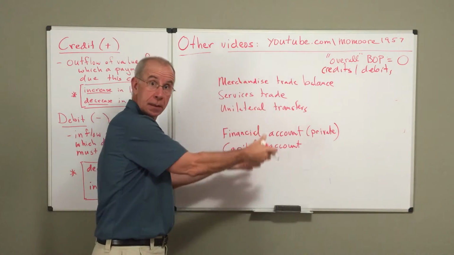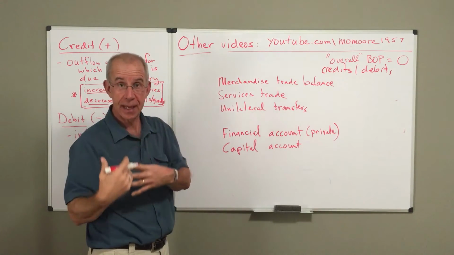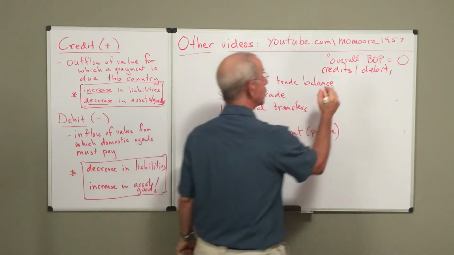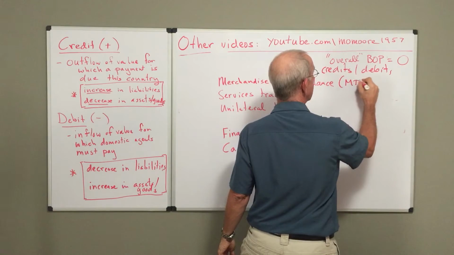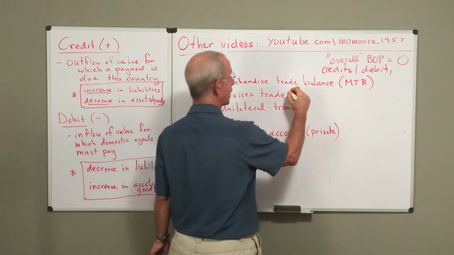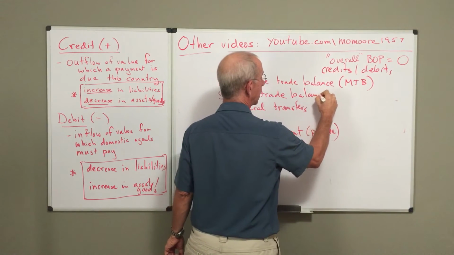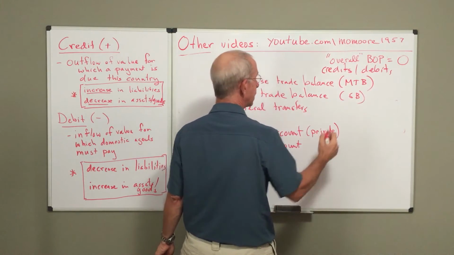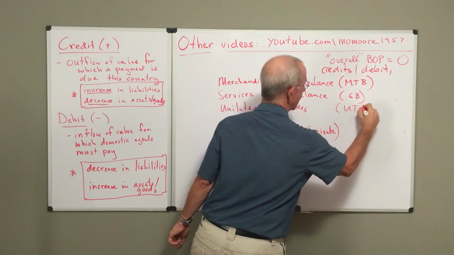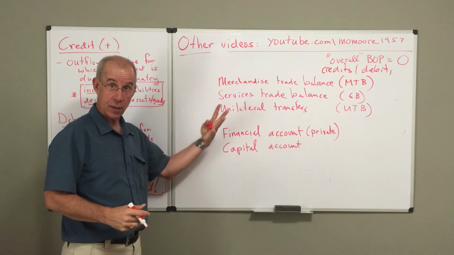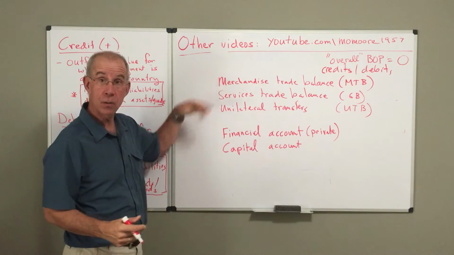The imports plus the exports, or the debits and credits for merchandising trade balance, which I'm going to denote as MTB, services trade balance, SB, unilateral transfer balance. So again, these are debits and credits for individual components.